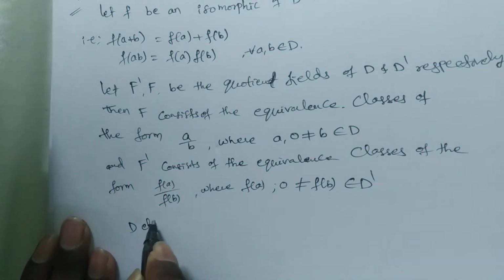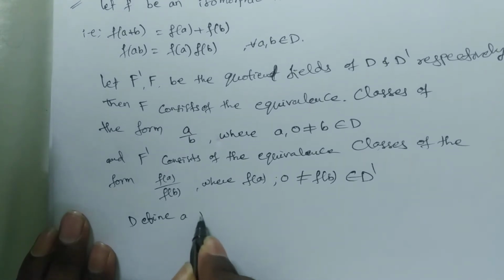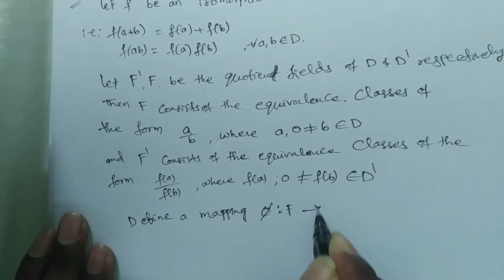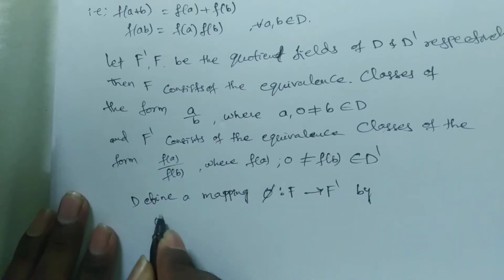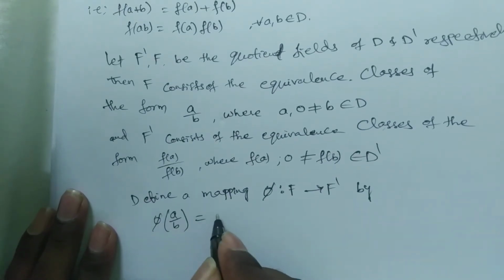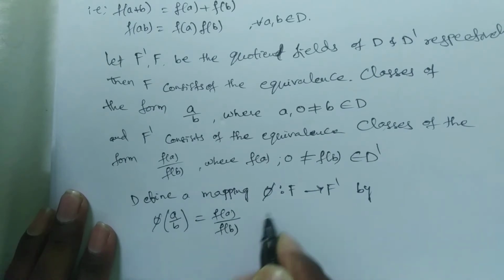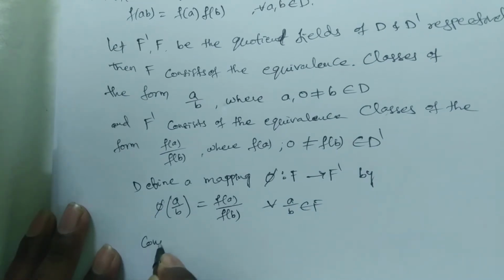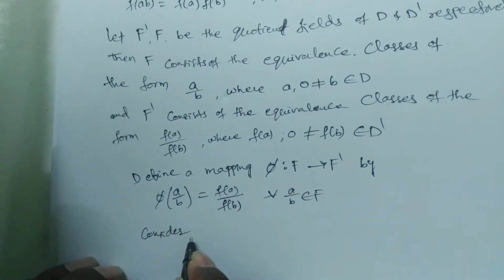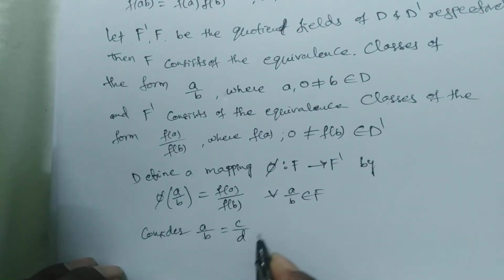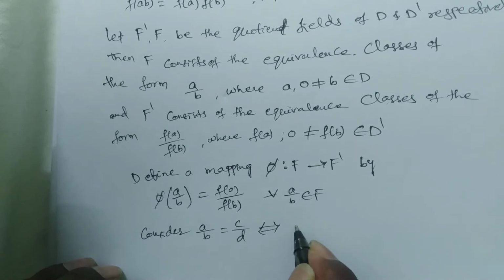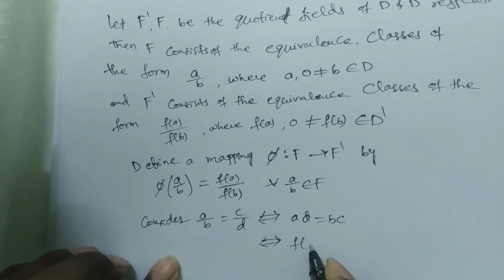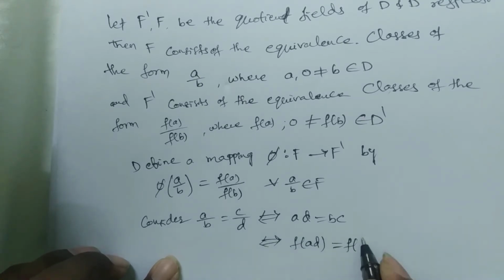Next, define a mapping pi from F to F dash by pi of a by b equals f of a by f of b, for all a by b belonging to F. Consider a by b equals c by d if and only if, by cross multiplication, ad equals bc, if and only if f of ad equals f of bc.